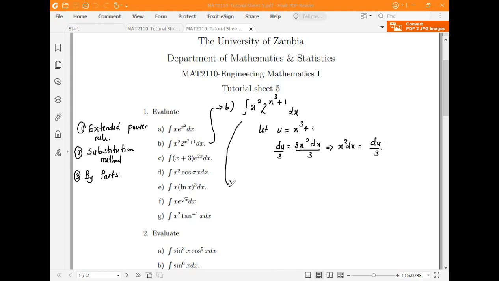So from there, we can write this as 2 to the power x cubed plus 1 multiplied by x squared dx. That is the integral of 2 to the power u, since x cubed plus 1 is our u, and then we have du over 3. So we have 1 over 3 times the integral of 2 to the u du.